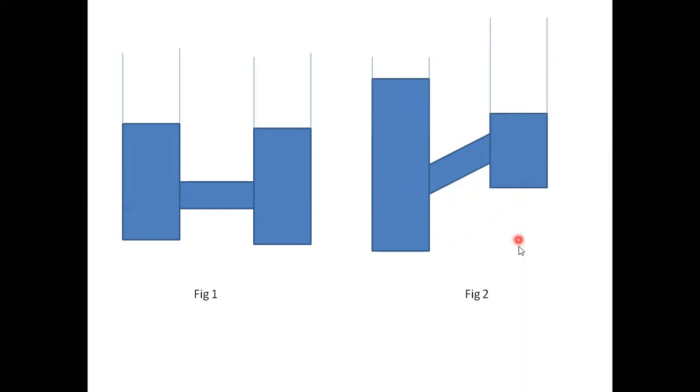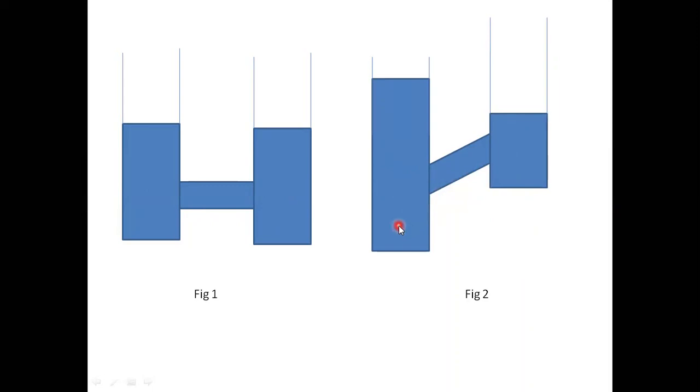So this difference in height has made an impact which helped the liquid flow from one container to the other. Now how is this so? Why is liquid not flowing in this figure, and how is liquid flowing from this container to this container?